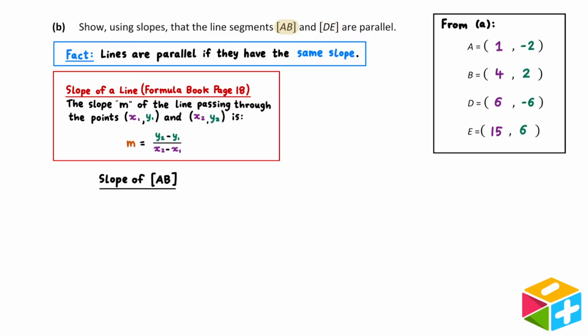Let's start with AB. From the previous part of the question, we know that A is equal to (1, -2), and B is equal to (4, 2). To use our slope formula, we should label our first point, A, with (x1, y1), and label our second point, B, with (x2, y2).